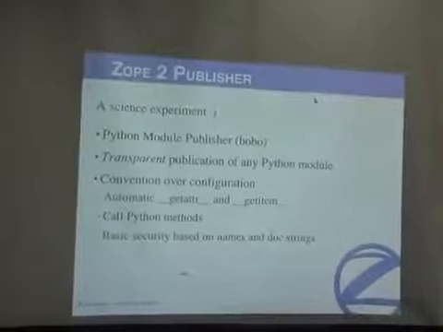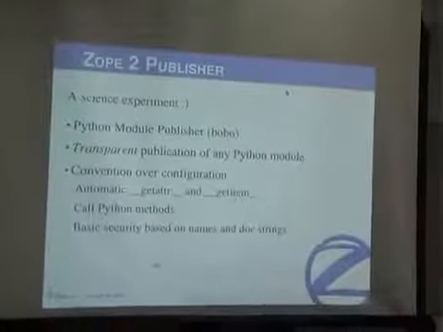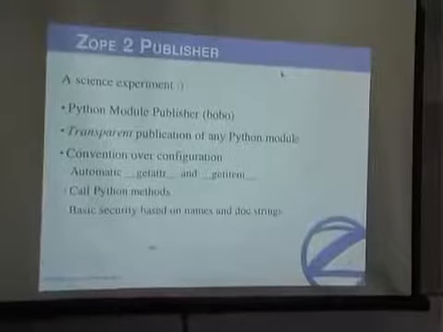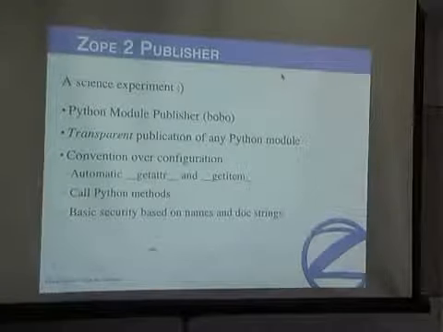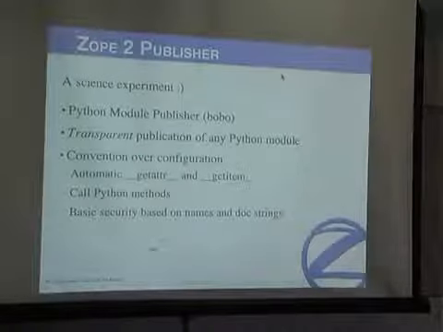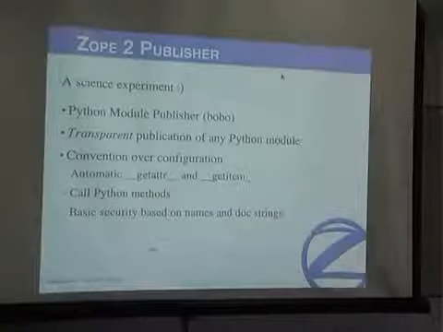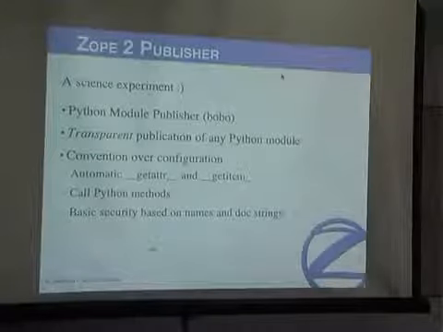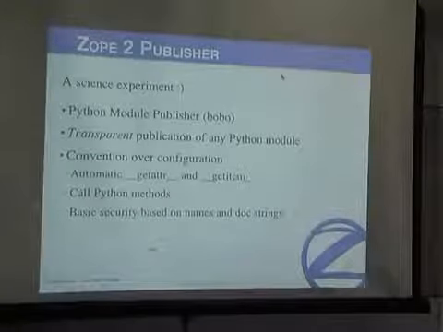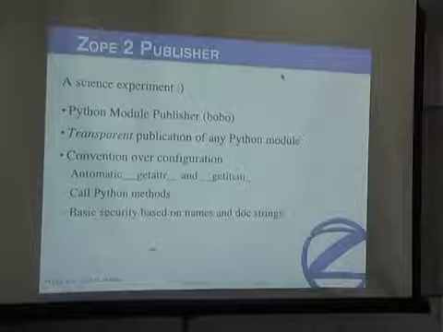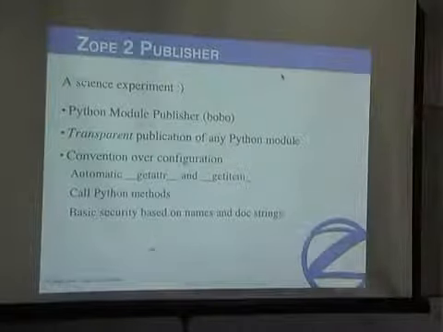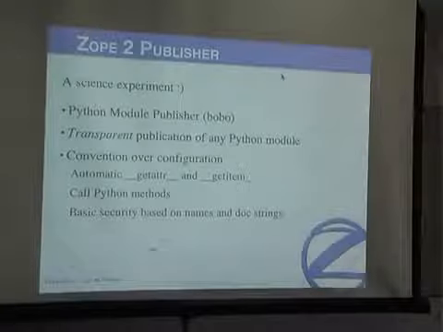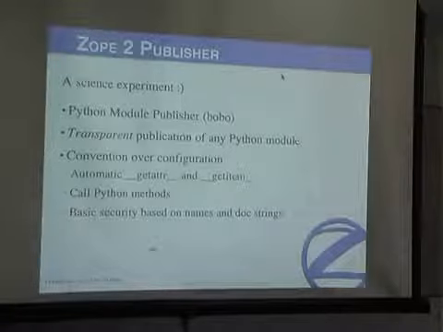So, in many ways, Zope, when it first came out, was kind of like, for that time, what Ruby on Rails was when it came out. It was something that allowed you to create applications very, very quickly. Going back before that was the Python module publisher, and it was based on the idea that you should be able to take any Python module and somehow put it on the web, make its information available on the web. In many ways, you can think of it as kind of a science project.